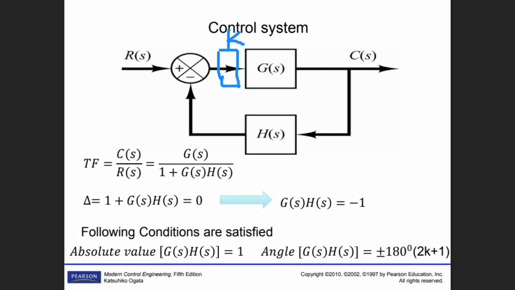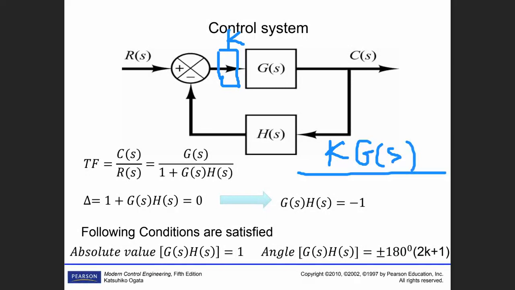So this becomes K GS over 1 plus K GS HS. Instead of 1 plus GSHS, you can see in my cursor that it adds K. But this is a starting point. So delta is our characteristic equation.